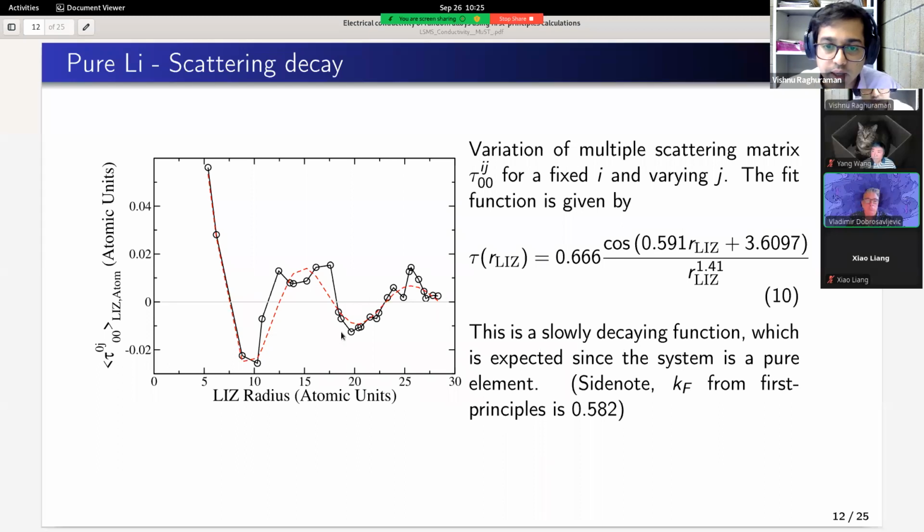You see a nice oscillation to which we can fit this function quite well. We also found it interesting that the fitting parameter we got here seems to match the Fermi wave vector KF, although we didn't get that kind of match for other systems.